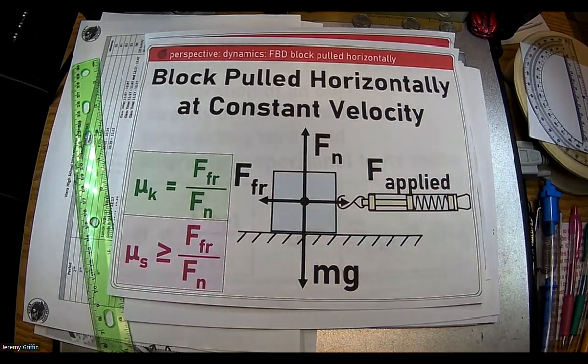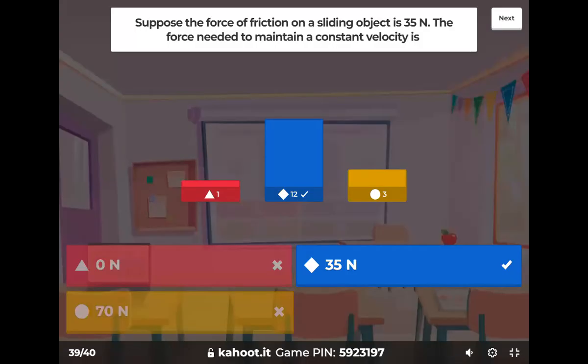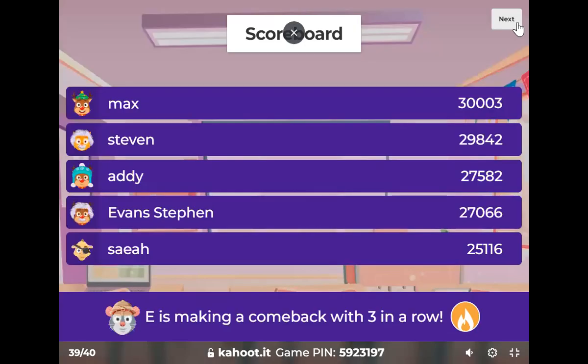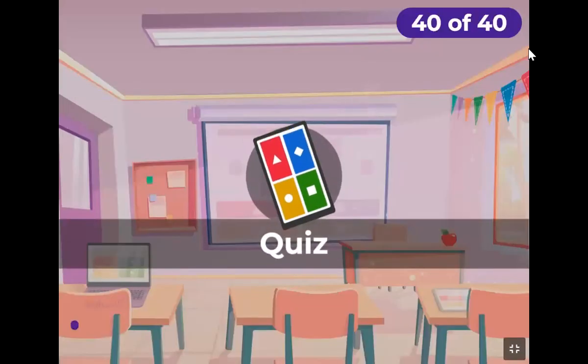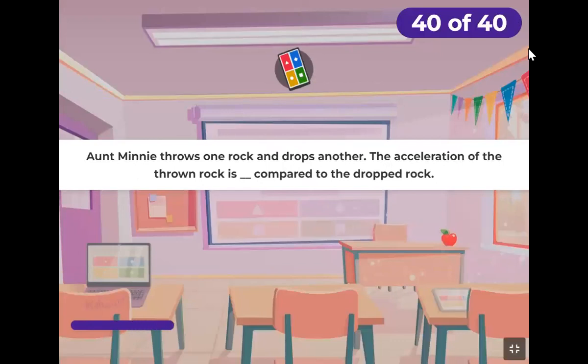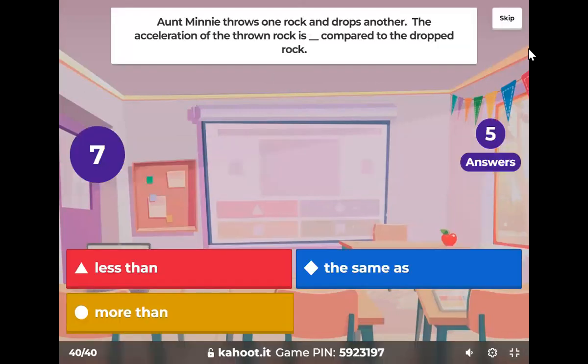And for the win. Aunt Benny throws one rock and drops another. The acceleration of the rock after it's thrown is how compared to the dropped rock after it leaves her hand?